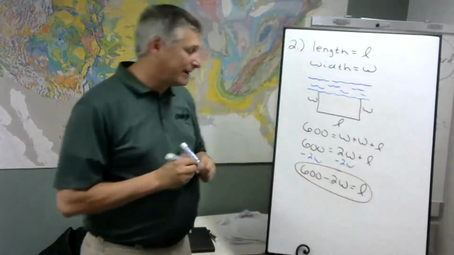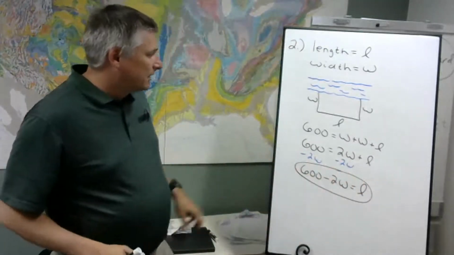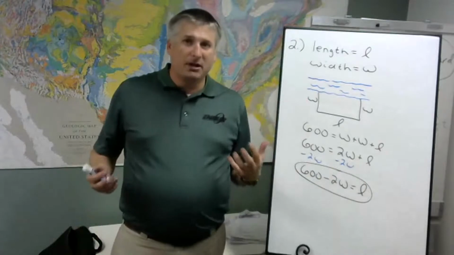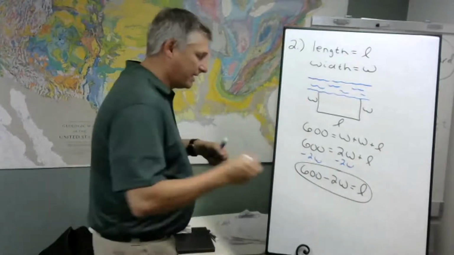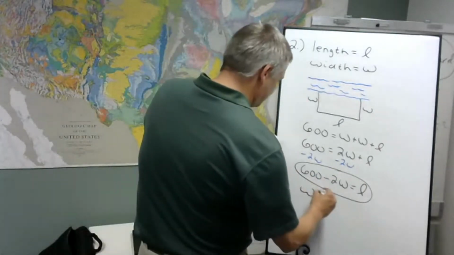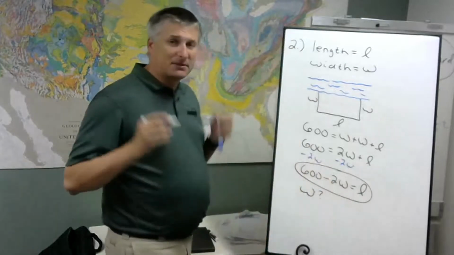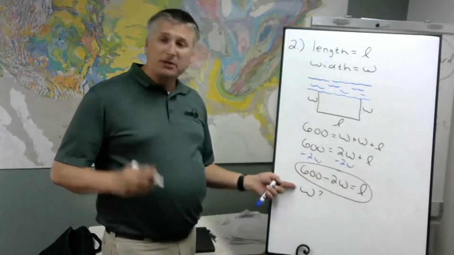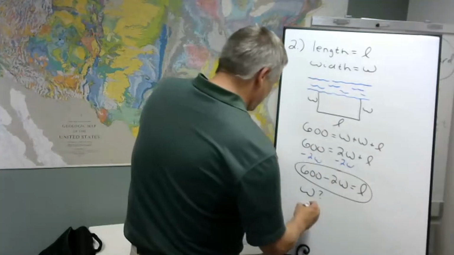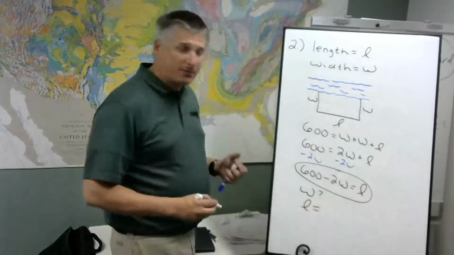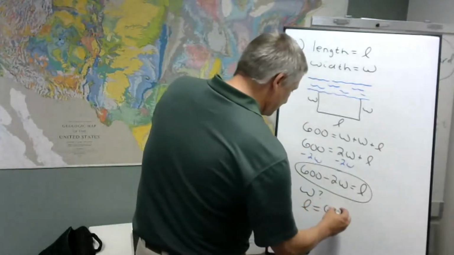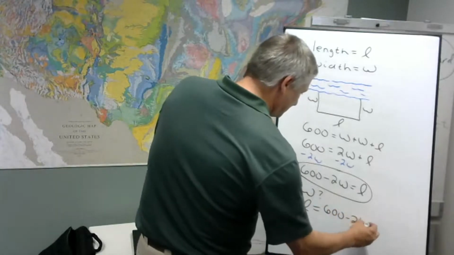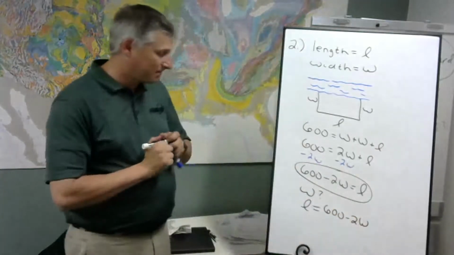So here's the breakdown. W's ultimately the unknown now. So this is what we've got. W, no idea. That's the big mystery. But if we can solve this mystery, we automatically know length, because length is just 600 minus 2W.